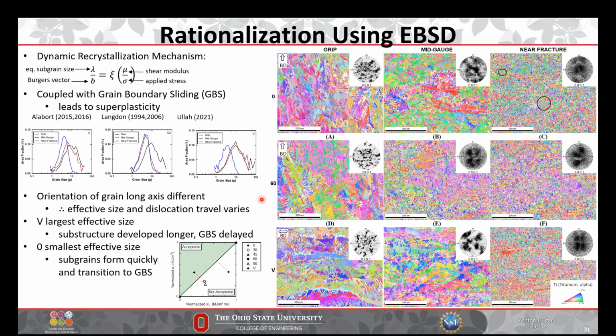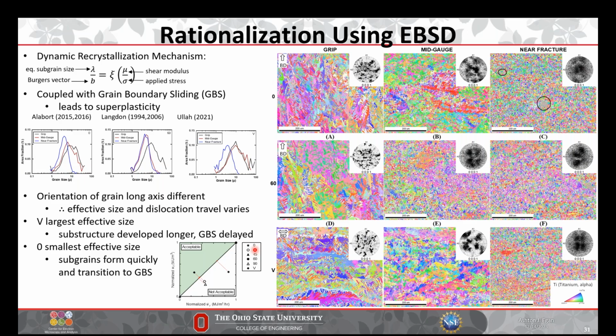So these are oriented in slightly other directions. And so what this effectively changes is the effective size that the dislocations see as they travel through the grain. So if the dislocation is traveling left to right in any of these images, it can travel a lot further in the vertical sample than it could in the 60 or 0.